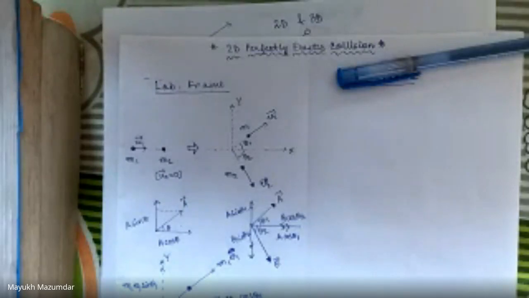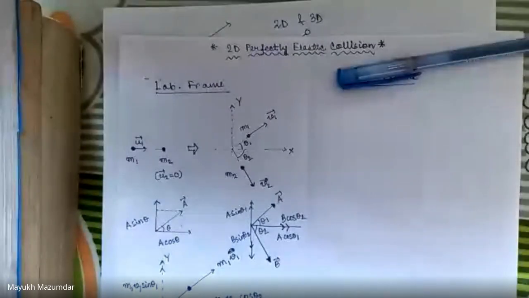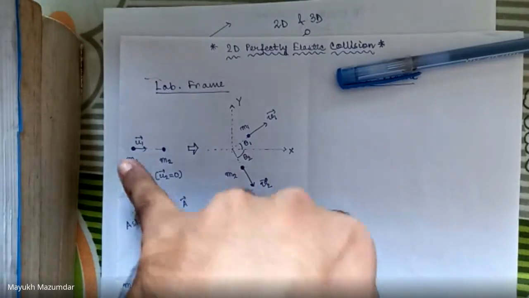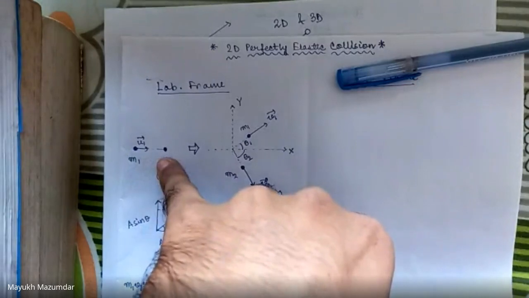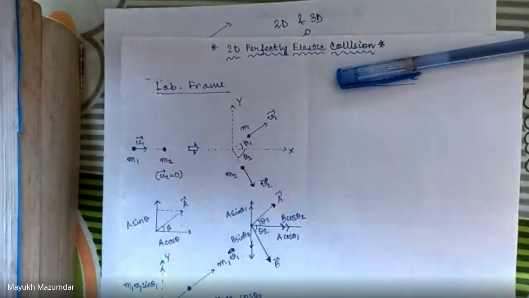By the way, can anyone tell me what is the total linear momentum along the y-axis before collision? Did the particle M1 have anything along the y-axis before collision? Does the picture convey that the body had any velocity along the y-axis before collision?